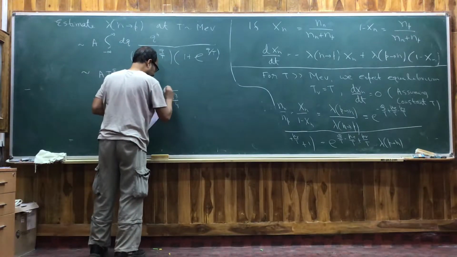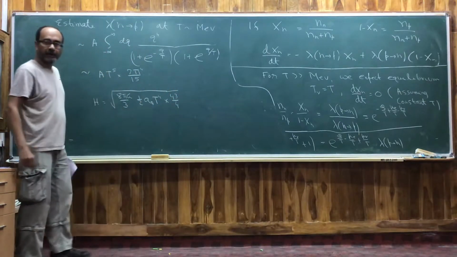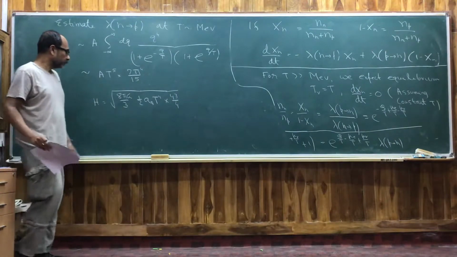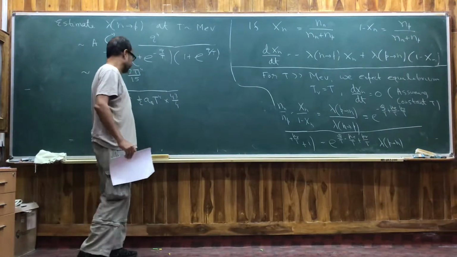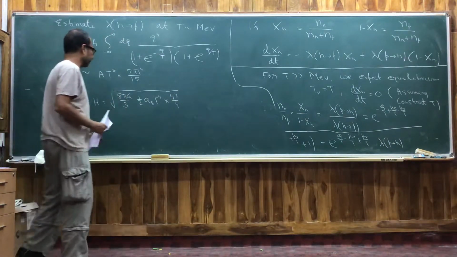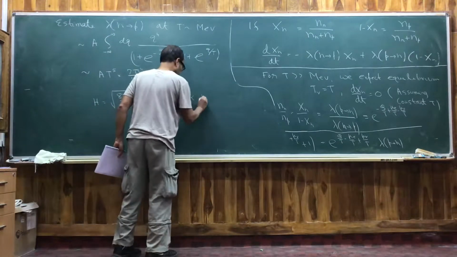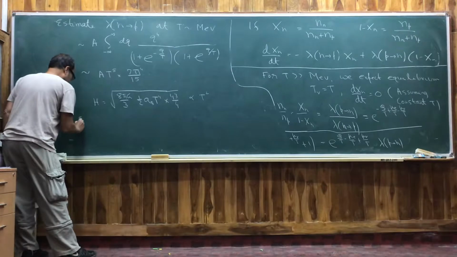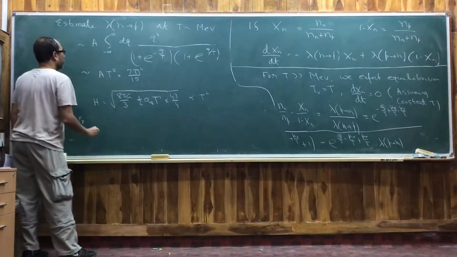At 1 MeV, the degrees of freedom count gave 43 over 4, if you remember. So this is some number times T squared; it's proportional to T squared.